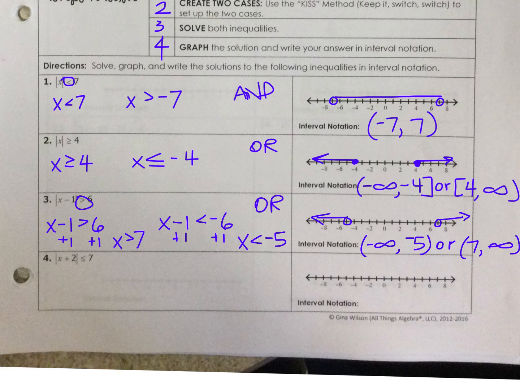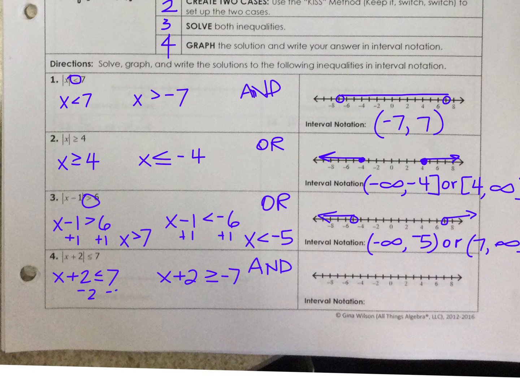All right, number 4. I can already tell just by looking at it, I know it's going to be an and. So he gets to come out of jail, x plus 2, and he can make positive choices, or he can come out, totally flip out, and make negative choices. Either way, I'm going to subtract 2.